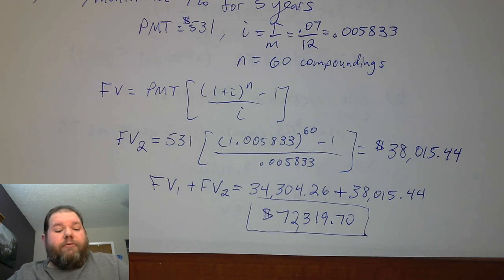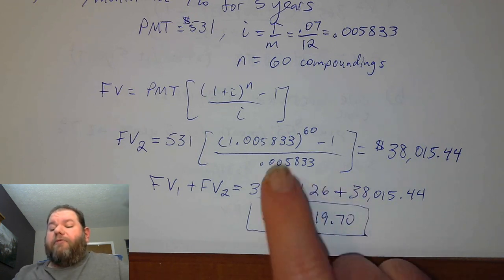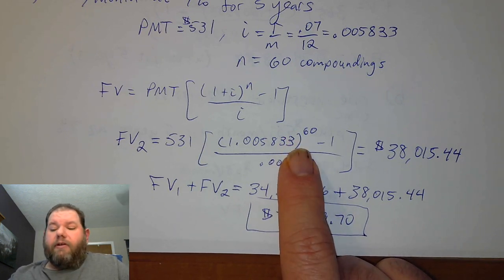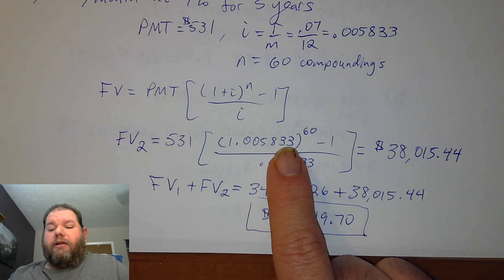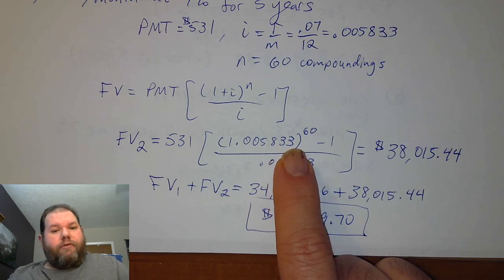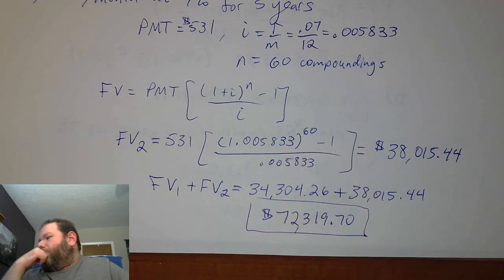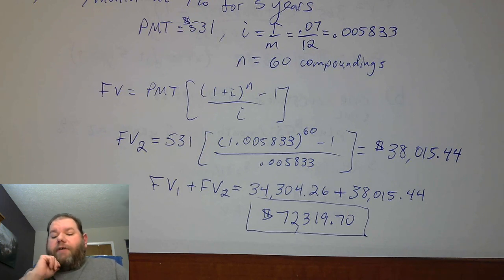And exactly what it was is the rounding, because I rounded after 6 decimal places on the I. If we took that further, that would give us a slightly higher value, because with a slightly higher I value, that would increase the number for both of them.